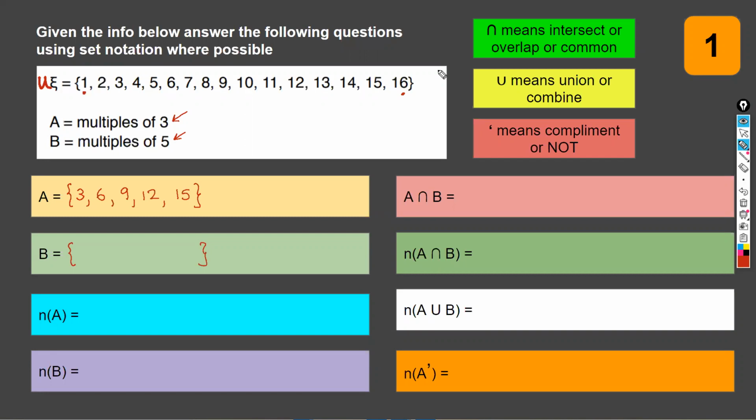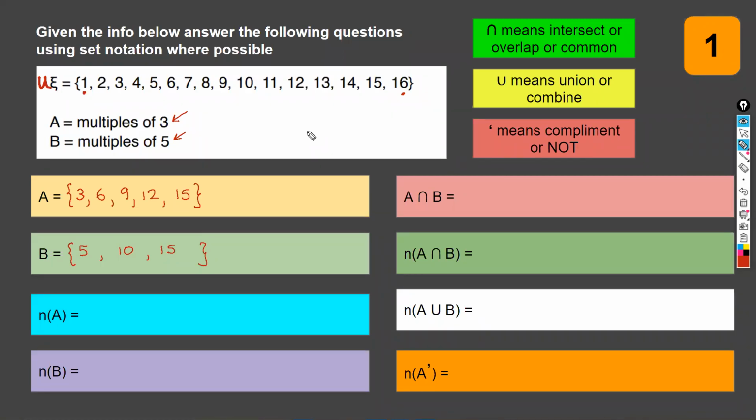Right, and a lot of correct answers are coming up. Well, the multiples of 5 will be 5, 10, and 15, right? We cannot put 20 because 20 is larger than what? 16. Great.